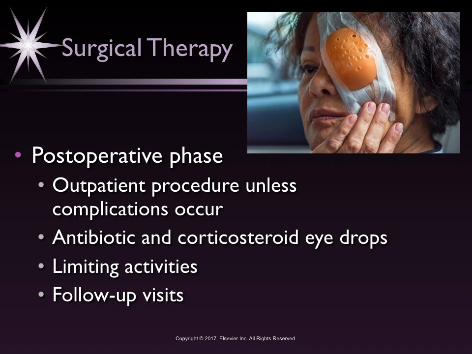Postoperatively, like we said, usually it's an outpatient procedure unless some complications have occurred during the surgery. As soon as the effects of the anesthesia have worn off, the patient is usually ready to go home. Postoperative medications usually include antibiotic drops to prevent infection and corticosteroid drops to decrease the postoperative inflammatory response in the eye.